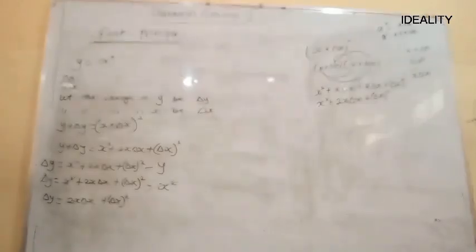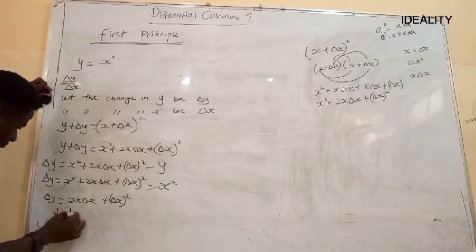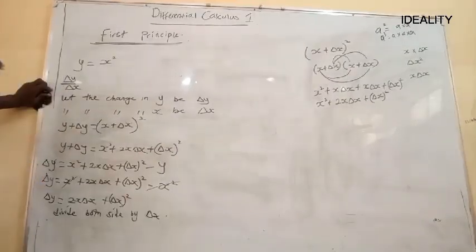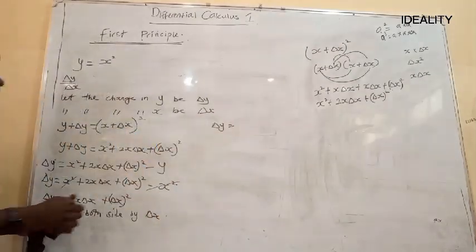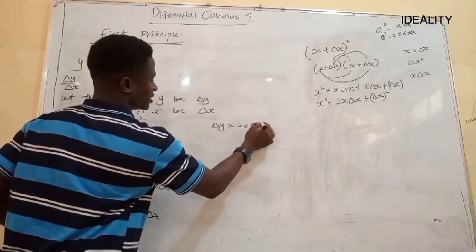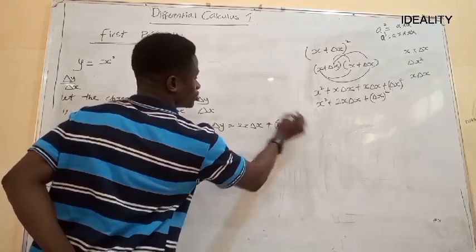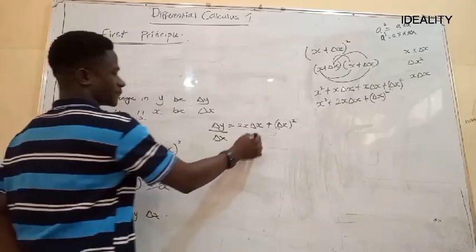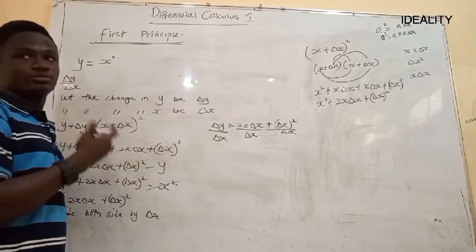Now 2x theta x plus theta x squared. The next thing we always do is to divide both sides by what? Theta x. So when we divide both sides by theta x, we'll be having theta y equals to 2x theta x plus theta x squared, all divided by theta x.